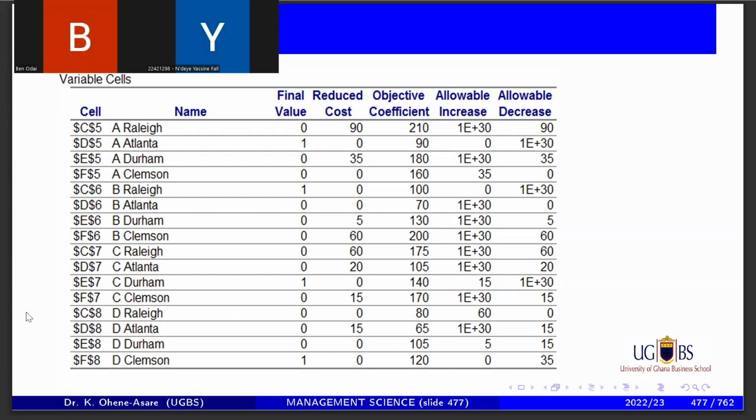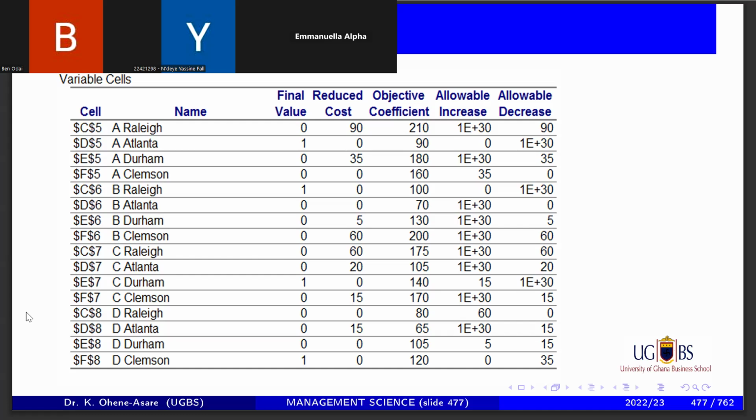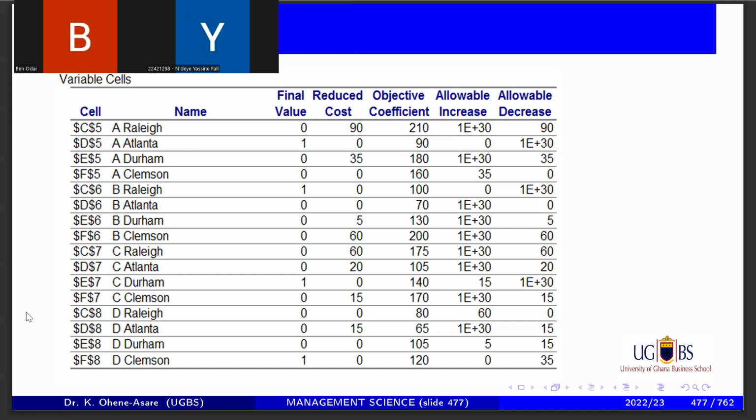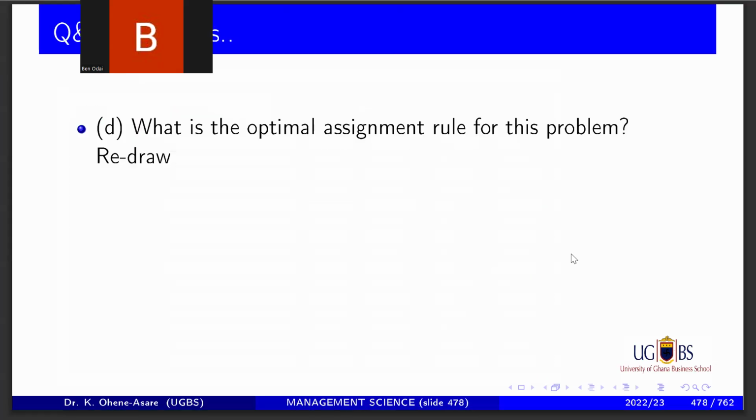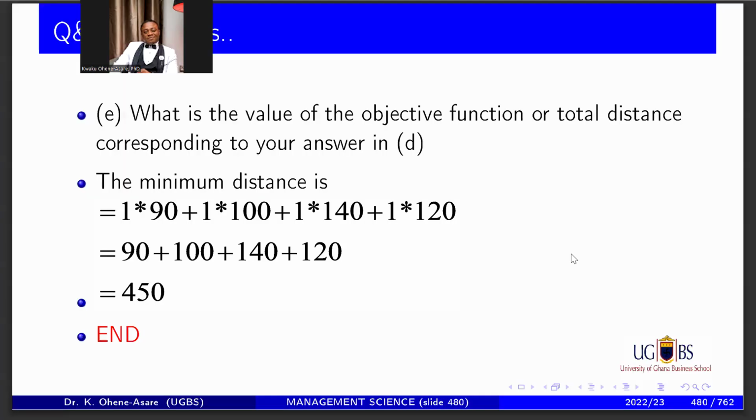So 1 by 90 plus 1 by 100 plus 1 by 140 plus 1 by 120. Super. That is how you address that. Then you add all of them together and you get your final answer. You should get 450. That, ladies and gentlemen, is the optimum minimum distance.